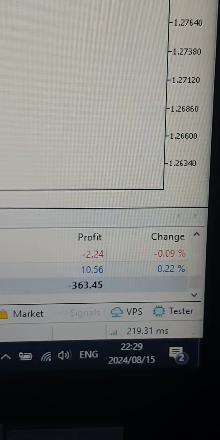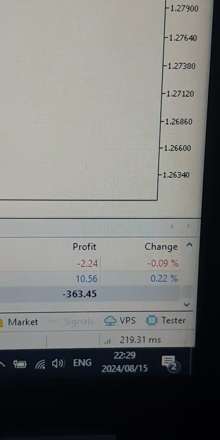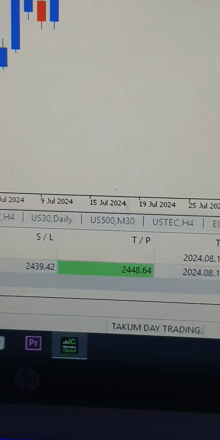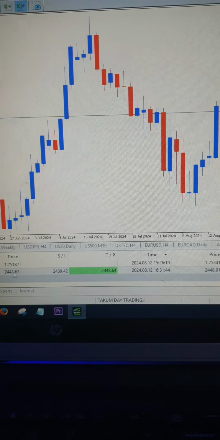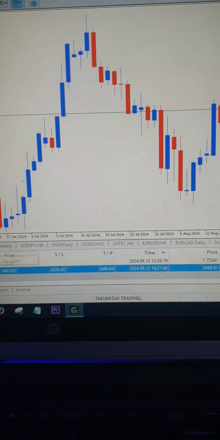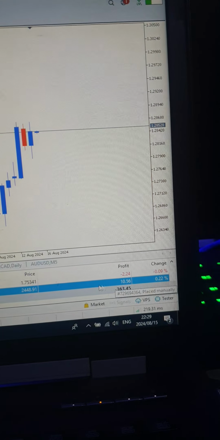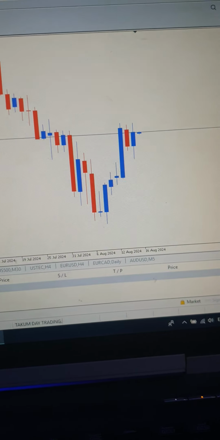Let me see when this trade was placed. I need to go to history. Yeah, this is history actually. It was on Tuesday. I did a trade on Tuesday and I made $10.